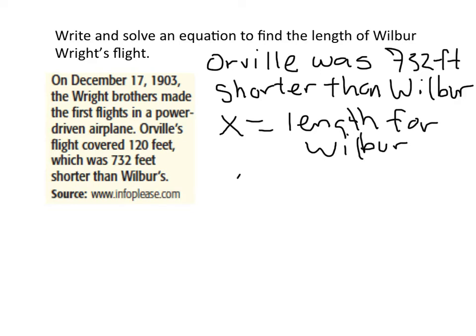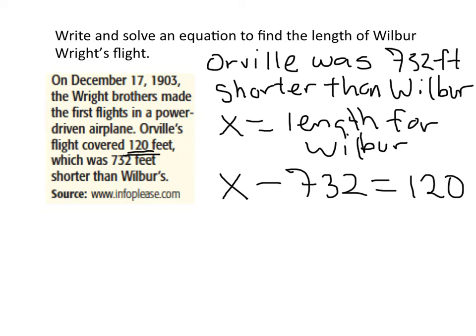So if I took Wilbur's, which I don't know, shorter than means subtraction, and that length was 732. It's got to be equal to 120. You can see my equation now is x minus 732 is equal to 120.